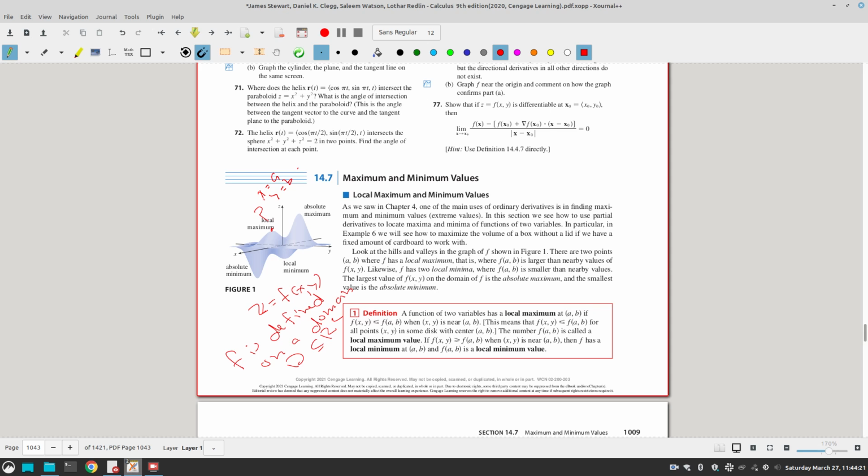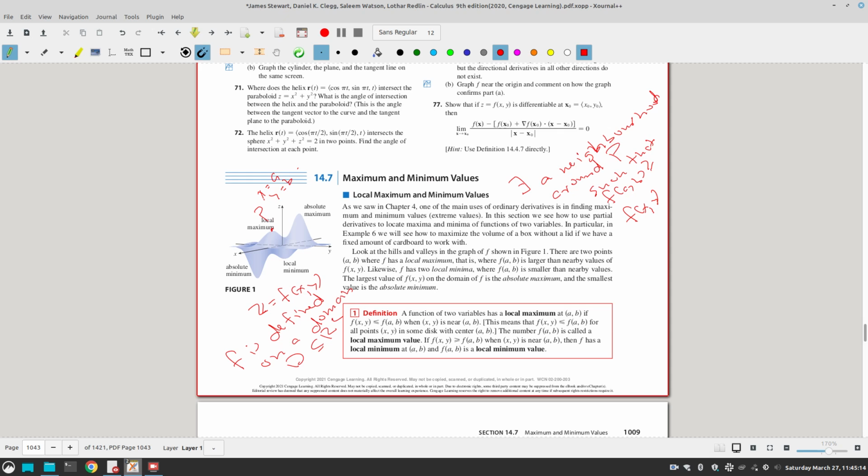In mathematical language, what we would say is that there is a neighborhood around P, which is of course a subset of the domain, where f of a, b is greater than or equal to f of x, y. There exists a neighborhood around P such that f of a, b is greater than or equal to f of x, y in that neighborhood. So that's what the definition tells you.